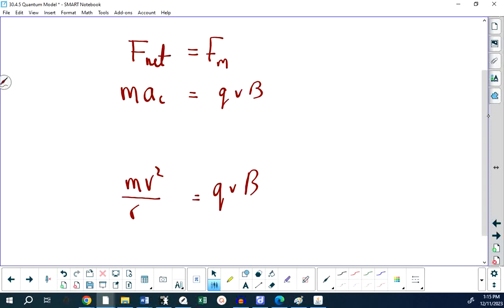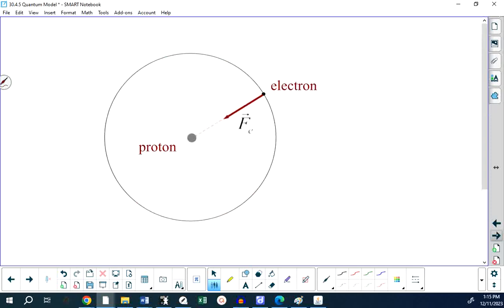And you'd cross multiply and you'd find the speed by knowing the radius and all that other stuff. But an electron in an atom is in a circular orbit. There's a net force towards the center caused by electricity, not magnetism and not gravity. So to solve this problem, this is a hydrogen atom, by the way, in its simplest form, proton and electron.